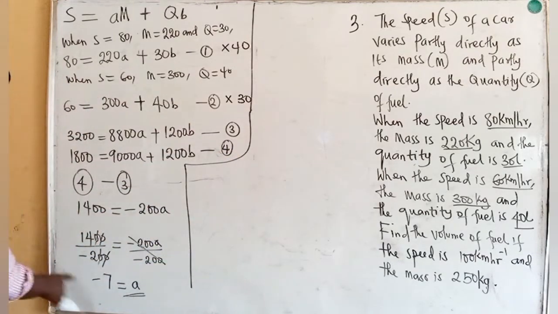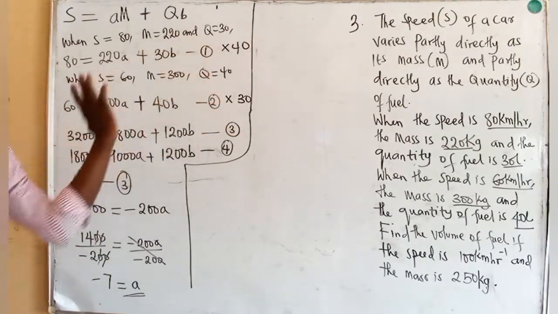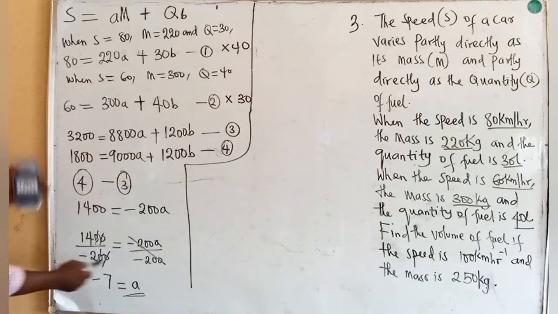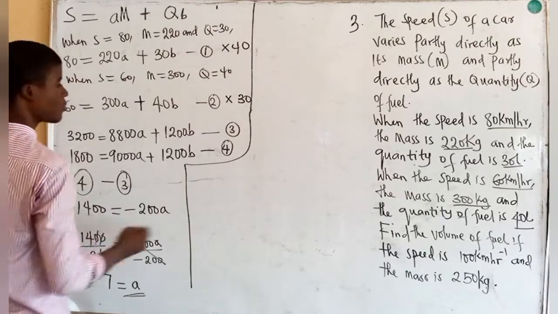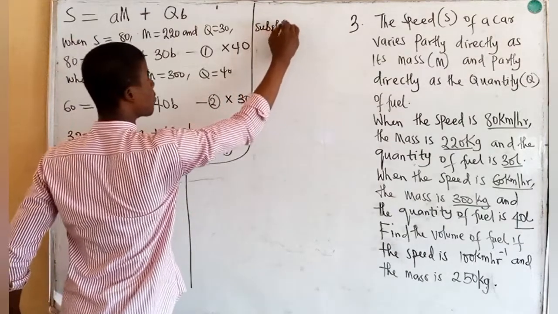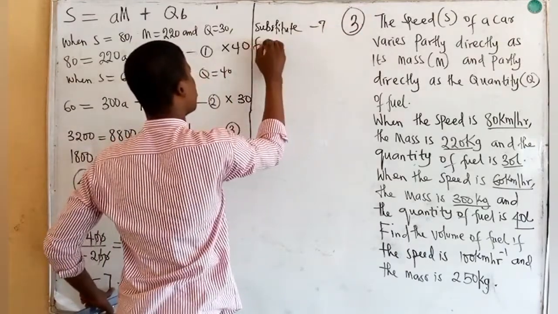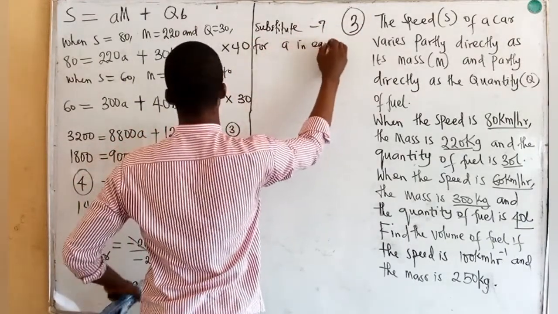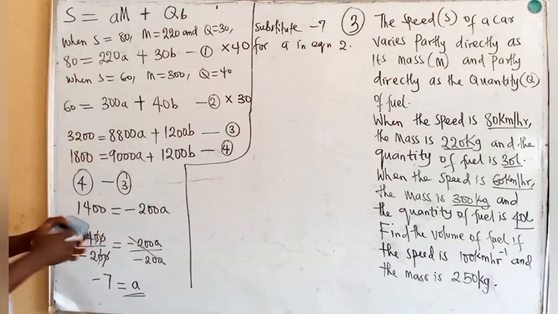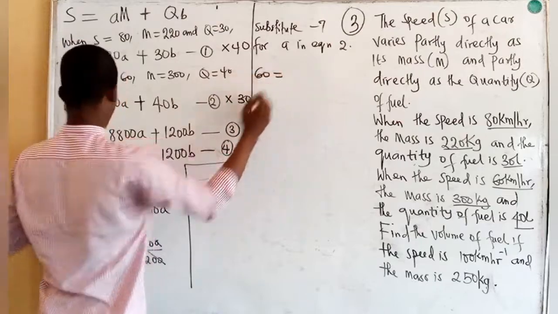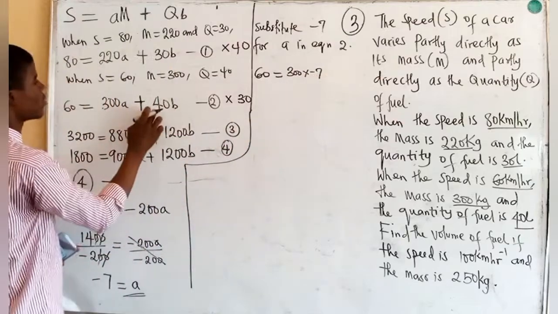Now let's get B. We are going to substitute this value of minus 7 into any of these four equations, equation 1, 2, 3, or 4, and we will get our answer. So let's substitute minus 7 for A in equation 2. That gives 60 is equal to 300 times minus 7 plus 40B.